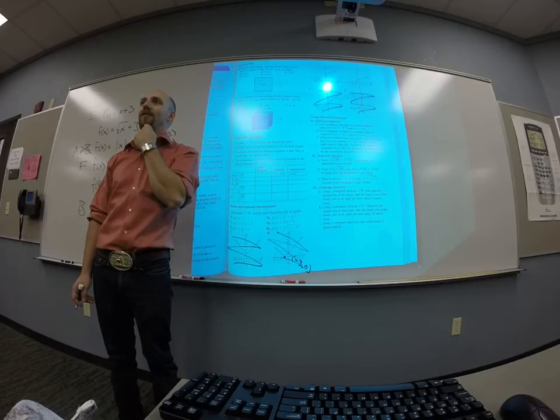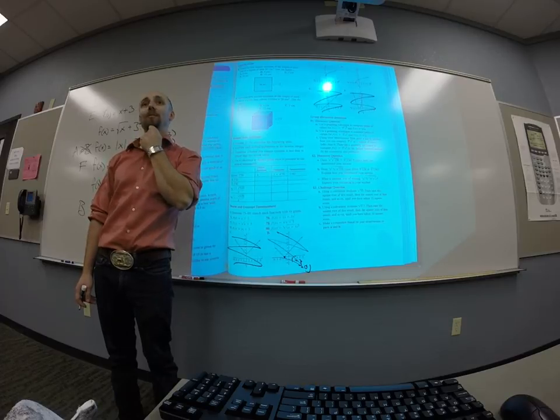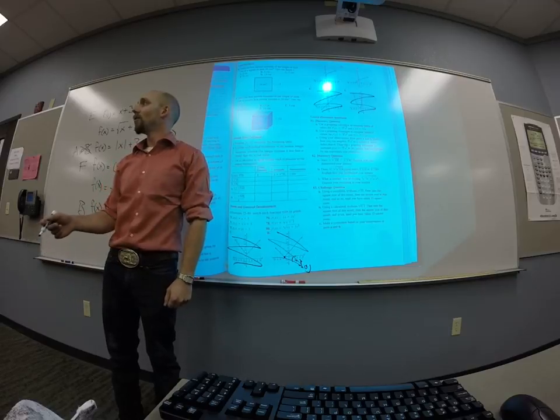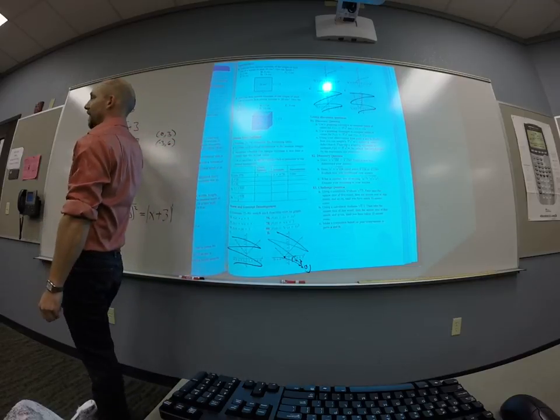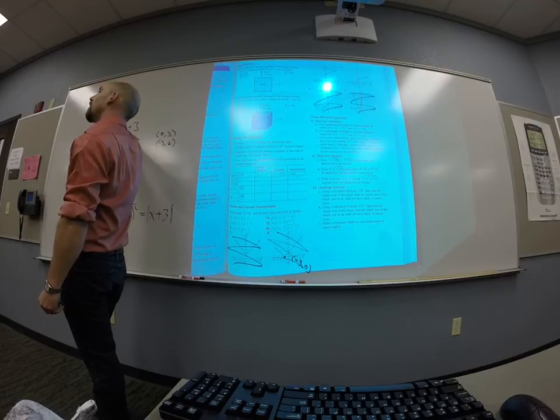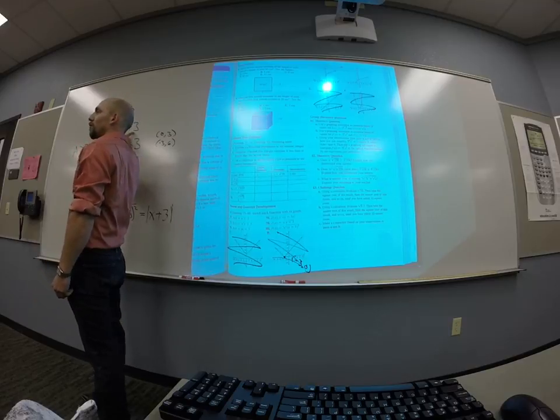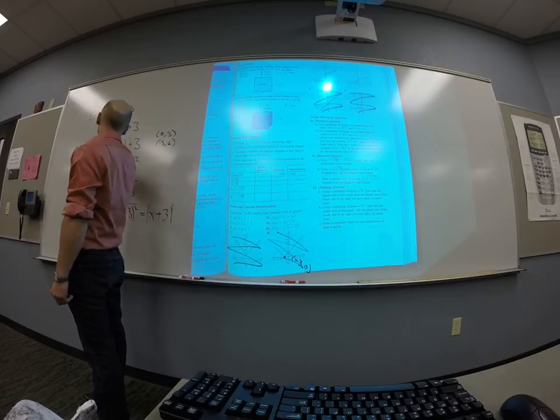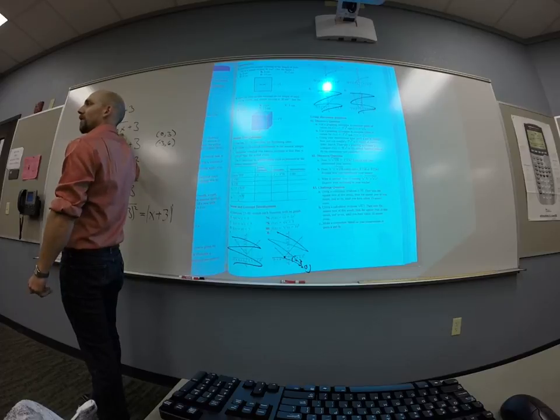Okay, so I could do this by domains. What's the domain of this guy? Yeah, so this one only takes in positive numbers, right? It's got the square root of x in there. So it only takes positive numbers.